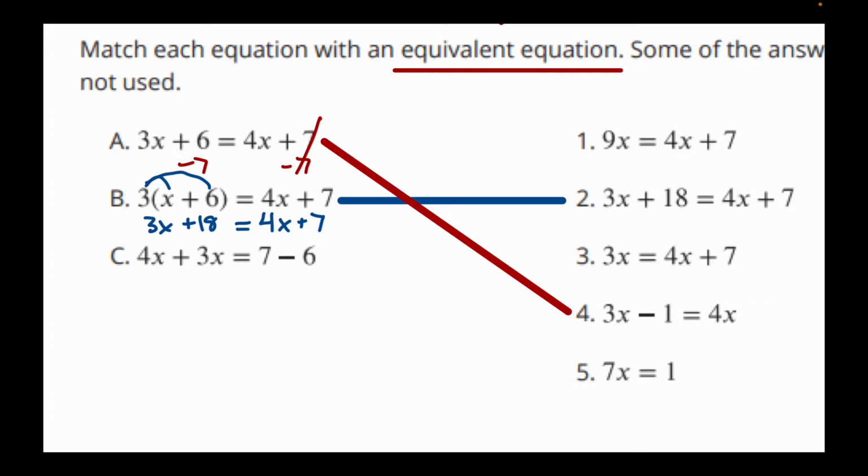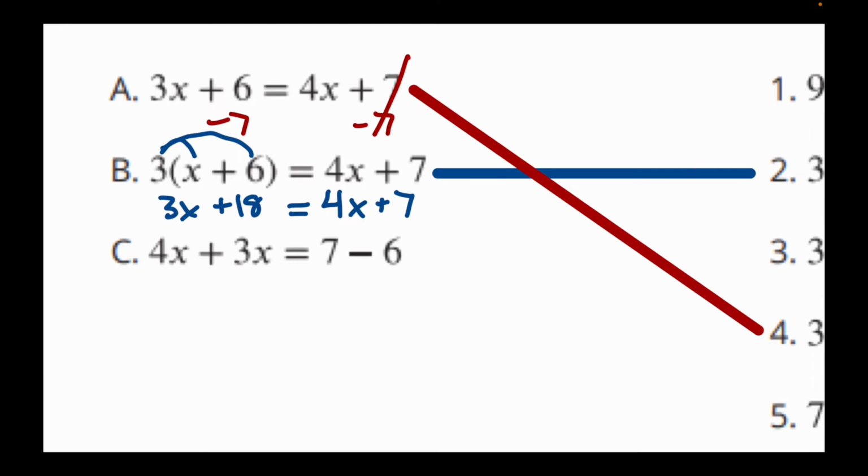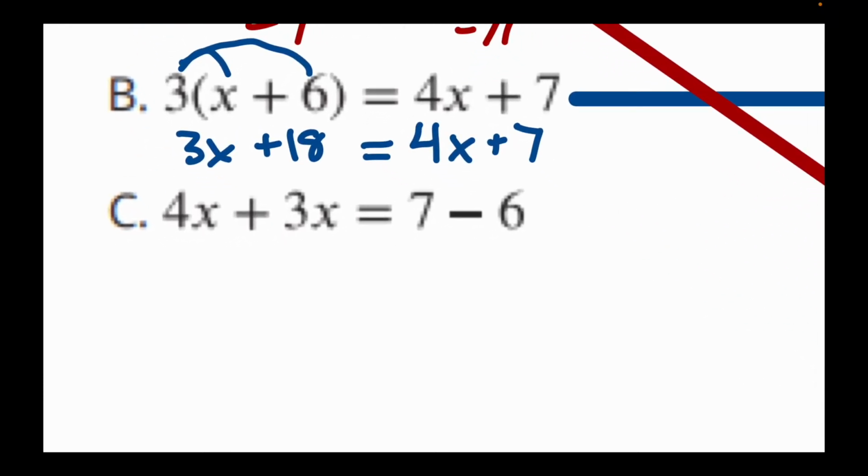Okay. Now for the very last one, it looks like they reorganized the variables together. So 4x and 3x are both on the left, and 7 and negative 6 are on the right. Let's combine these, because I think I know which one this is going to be. But let's still see if we can just combine our like terms, because that seems like our most likely process here. So 4 plus 3 is 7x.